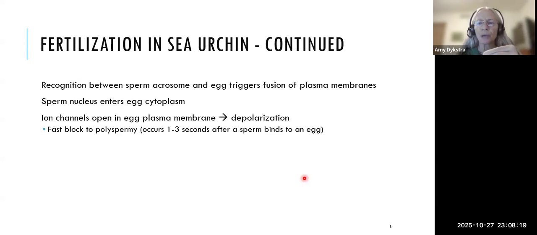Well, if you had two sperms enter, you would end up with 23 plus 23 plus 23, which is more than 46. It would be 69 chromosomes. And that would cause big problems in the development of the embryo. And in humans, if you have an extra sperm, then that embryo is not going to develop at all. Probably the same case with the sea urchins. So they block polyspermy with this depolarization.